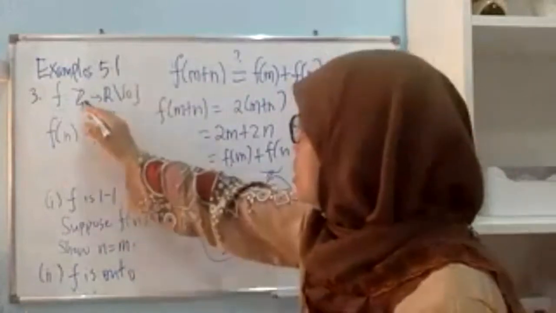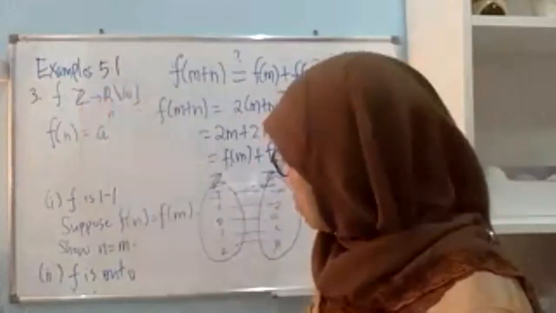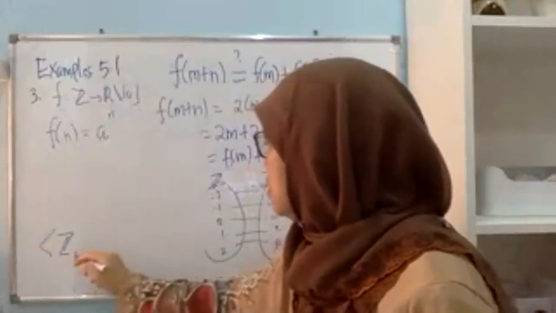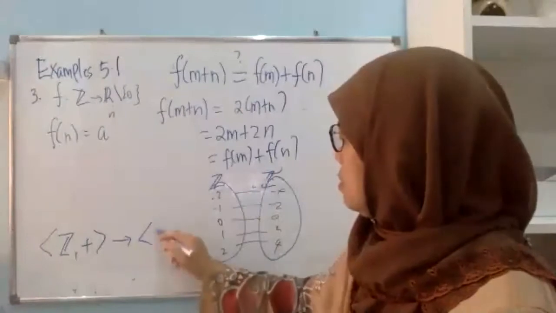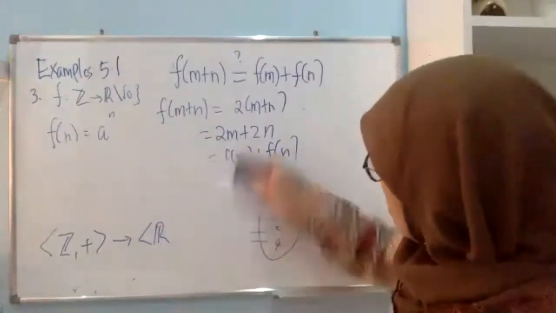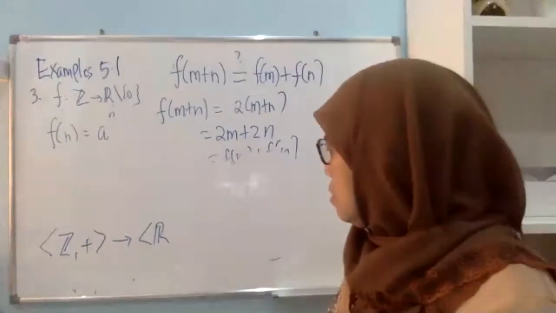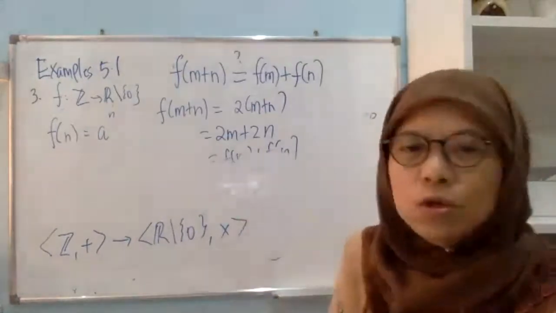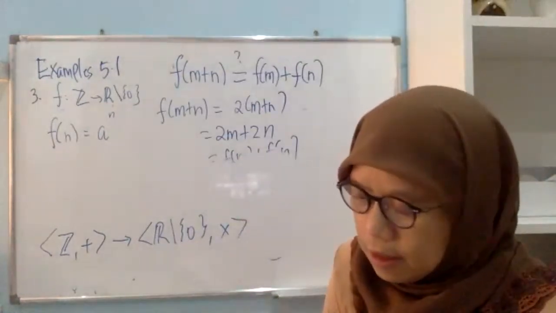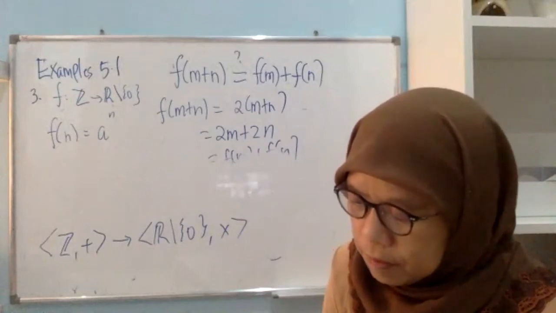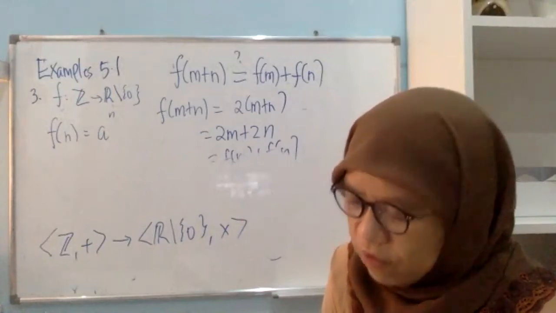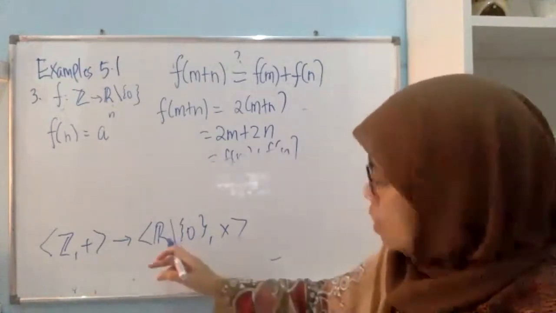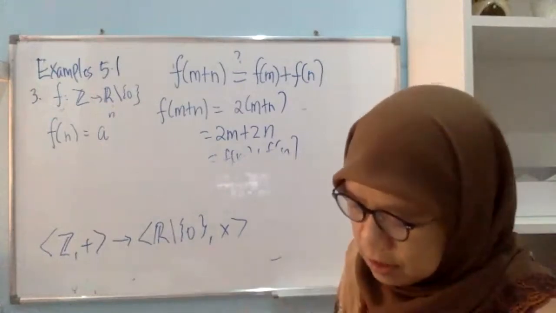So this one is addition. You can put it like this. You can also put it like this, okay? Group of integers under addition to the group of non-zero real numbers under multiplication.